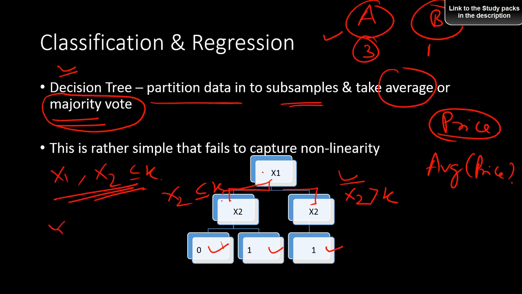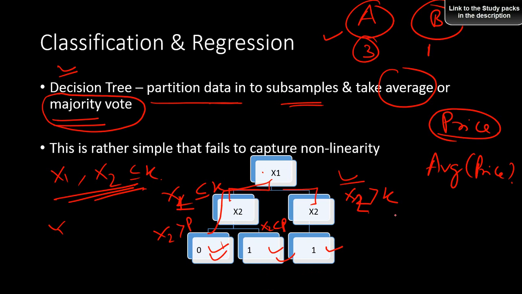Well, you come to this place. So depending on the value of x2, okay, so this would be x1, sorry, and here it would be x2, right? X2, let's say, greater than p, and here it is x2 less than p. Okay, and then you come down to either 0 or 1 based on what the values of x1 and x2 are.